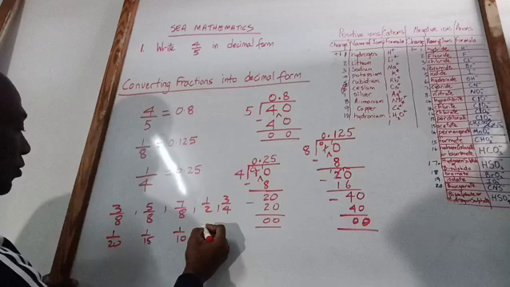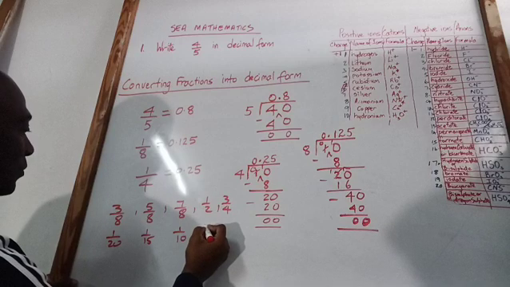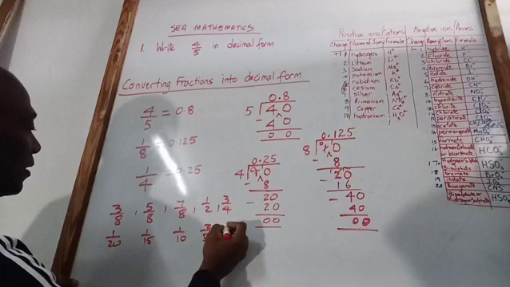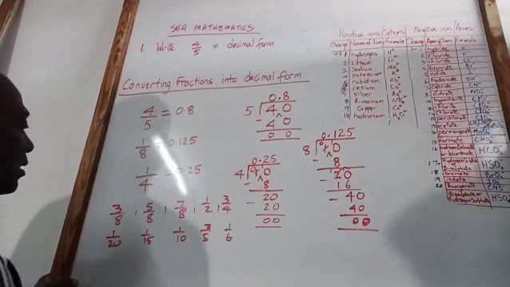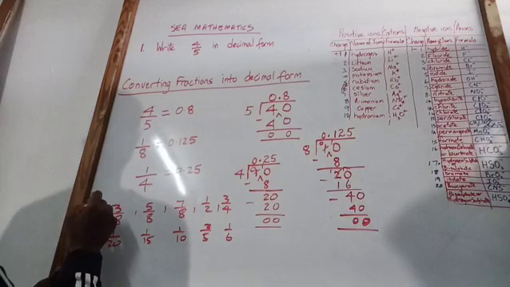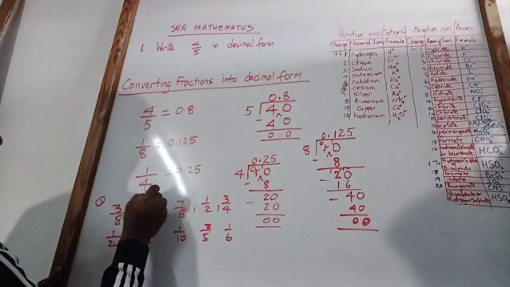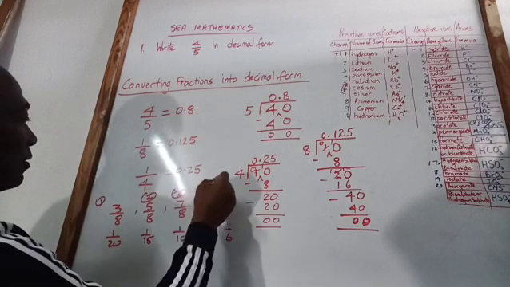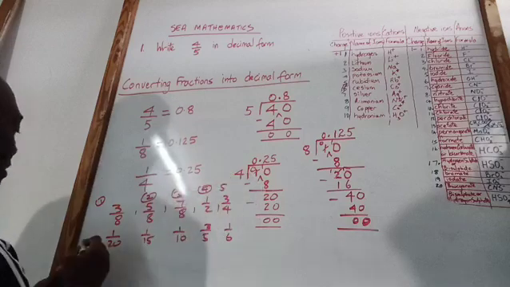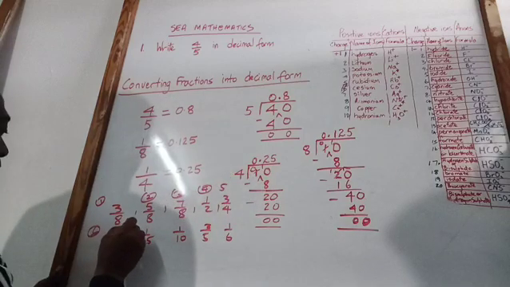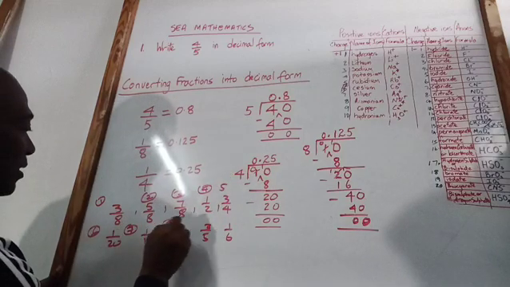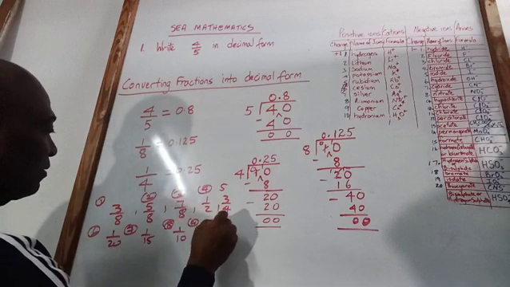I'm going to try as well 3/5, and last but not least 1/6. So we have 1, 2, 3, 4, 5, 6, 7, 8, 9, 10 for you to try.